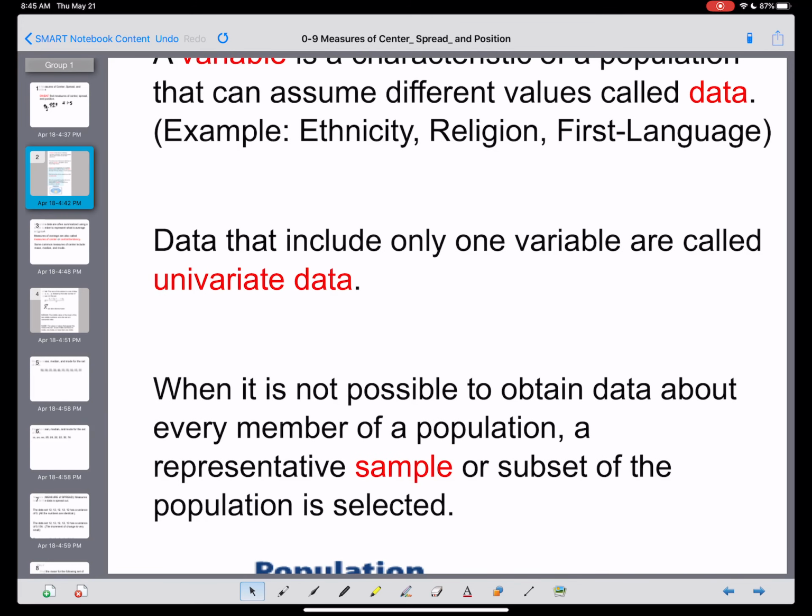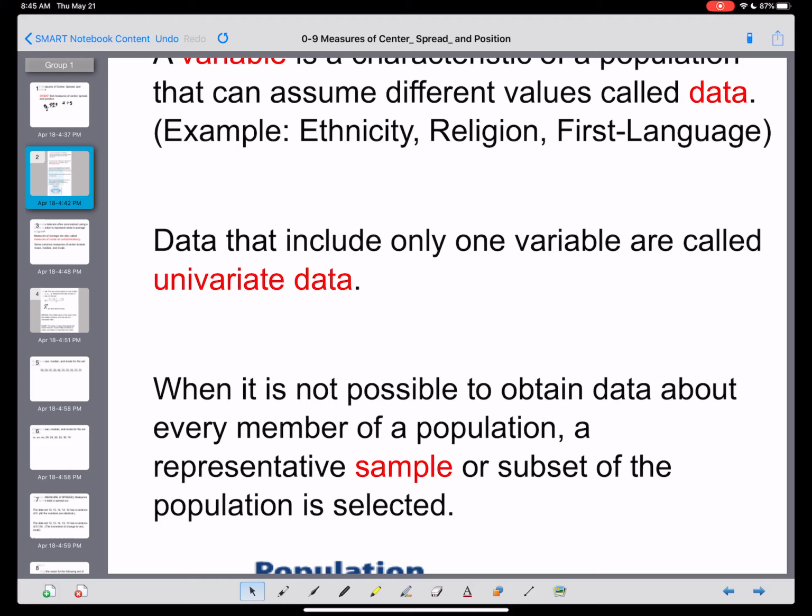Sometimes doing a population is really difficult. There are like 3,000 students at Bolsa. Going around asking every student what grade they're in or what math class they're in might take a really long time, and it's not sure I can ask every single person.